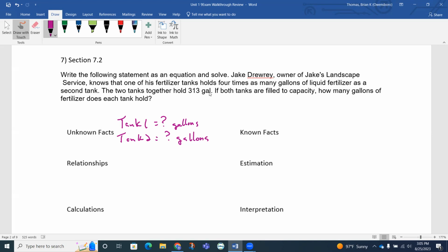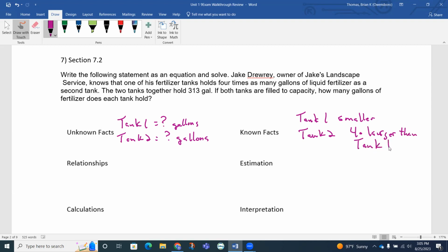The known facts is we know that one of his fertilizer tanks holds 4 times as many gallons of liquid fertilizer as the second tank. So one is 4 times bigger than the other. So if I call tank 1 the smaller tank, then tank 2 is 4 times larger than tank 1.